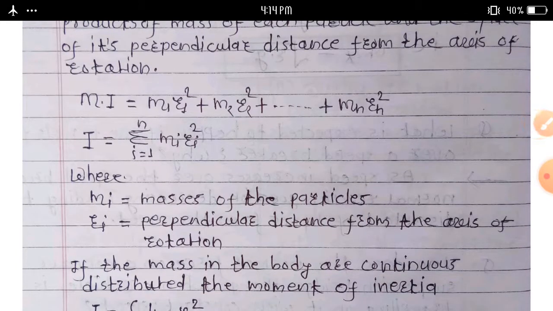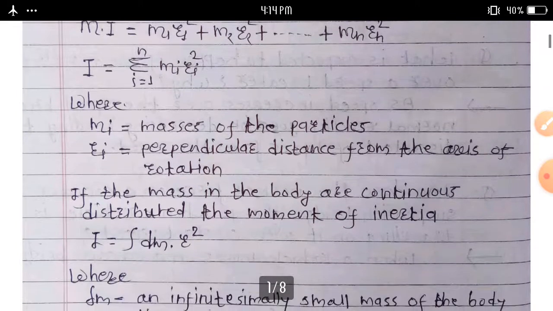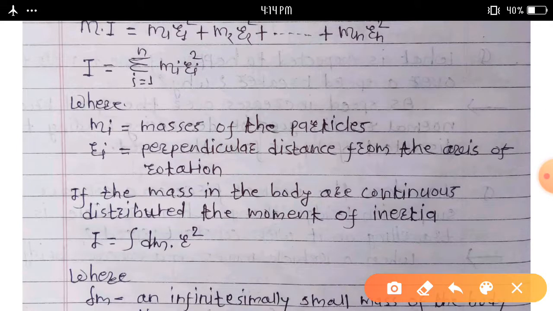Then if the mass in the body is continuously distributed, the moment of inertia I is equal to the integration of delta m into r square.